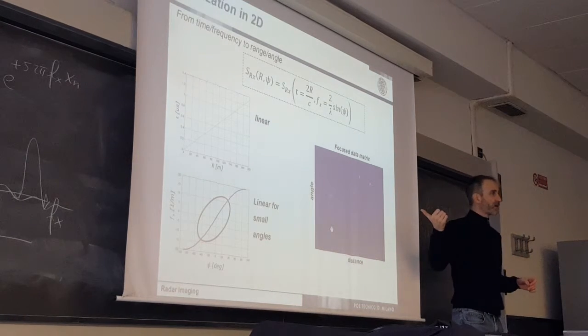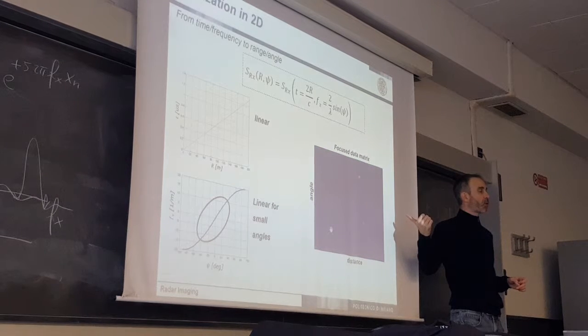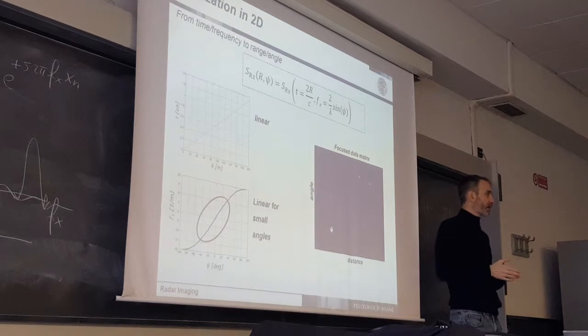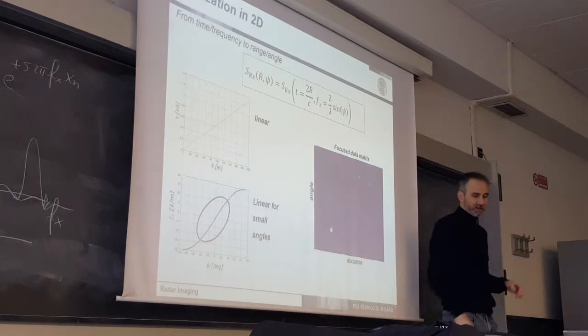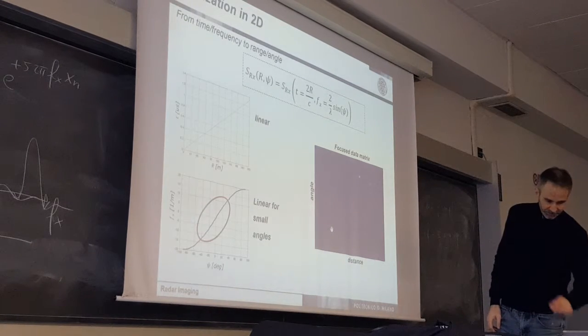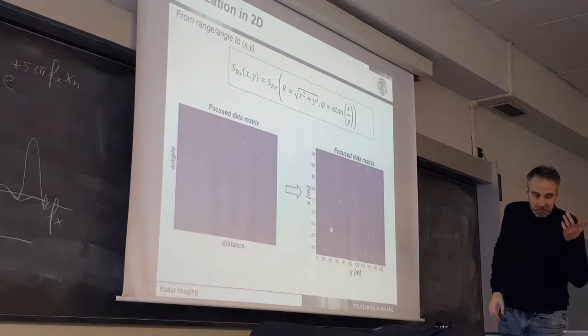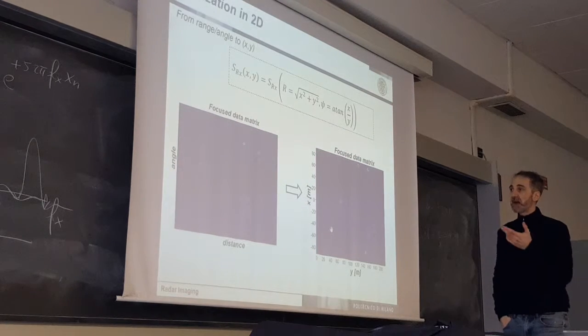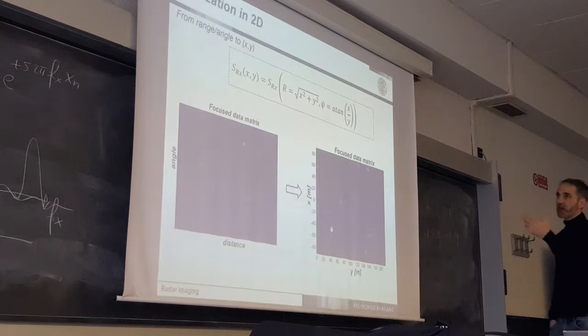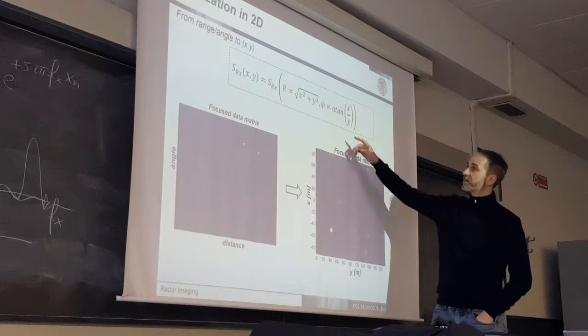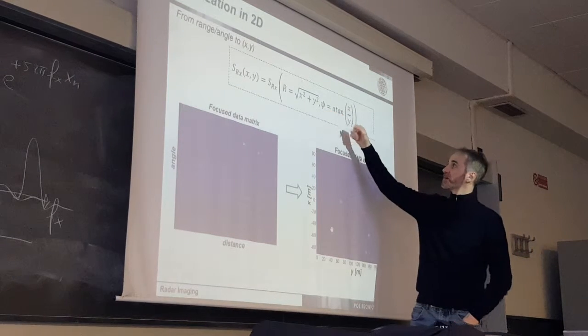If you like, those are polar coordinates, because one coordinate represents the distance from the center and the other the angle. If you like, as I do, to work in ground coordinates, then all you have to do is to resample this image, assuming this equation.